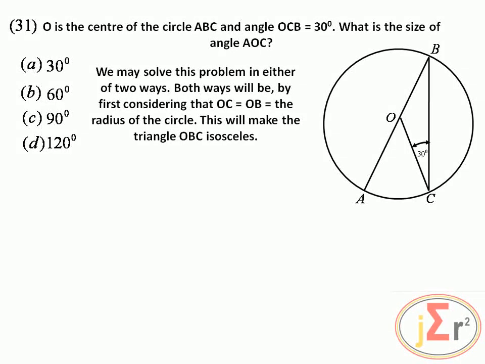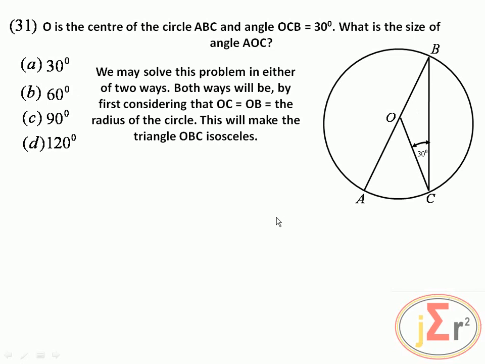Both ways will be by first considering that OC is equal to OB, which is equal to the radius of the circle. We can see that OB and OC are radii of the circle, and they are therefore equal.